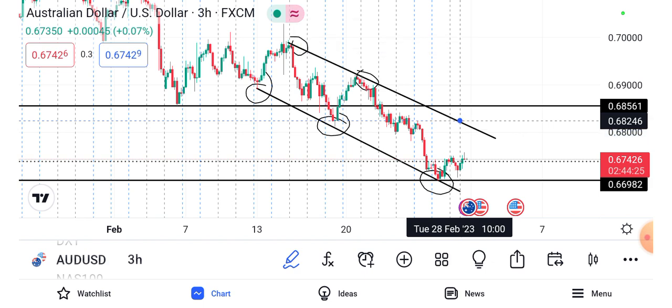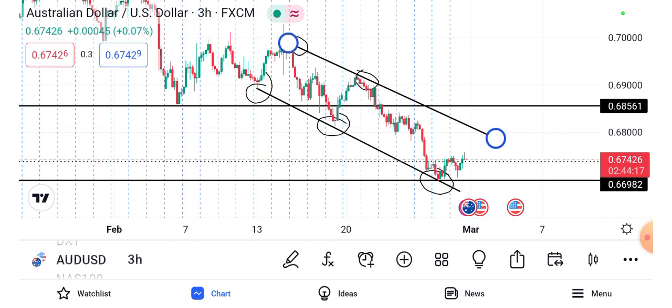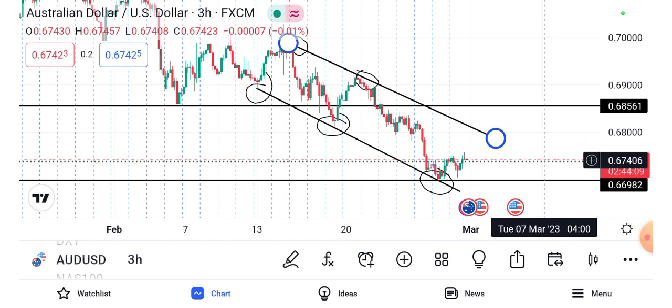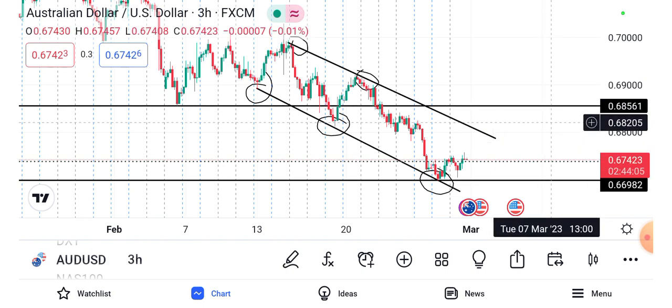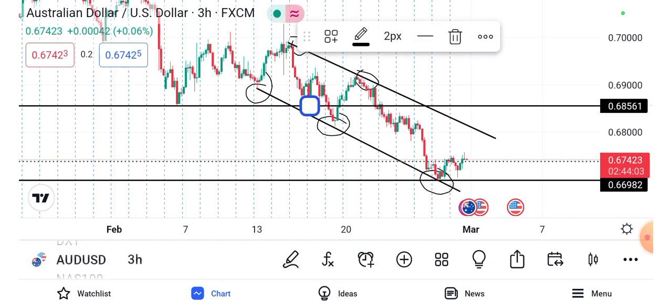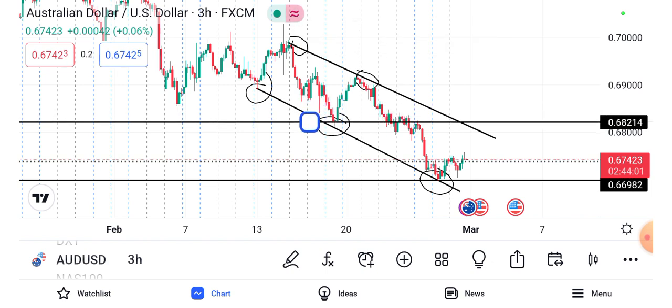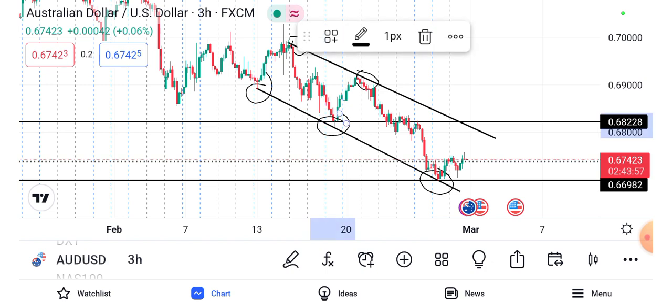So now, for us to know exactly where we're going to be targeting, we're going to check with the nearest resistance, right? Since now it's actually at this level right here, we're going to be looking up there to see where the nearest resistance is. Our nearest resistance is this level right here, and I'll tell you why.